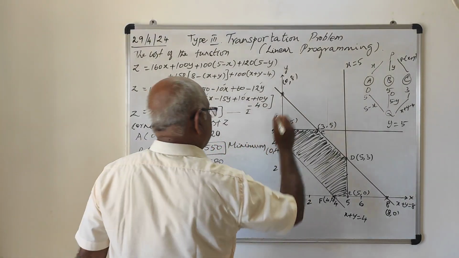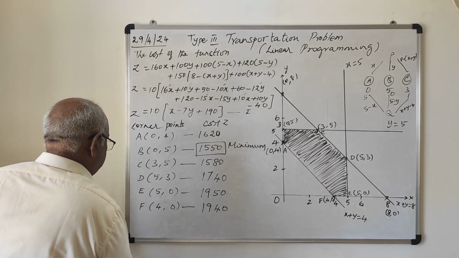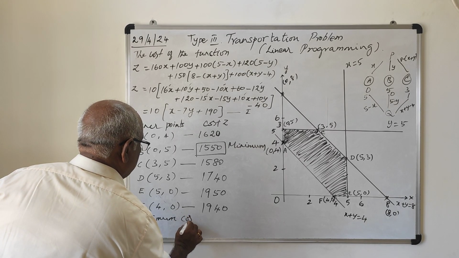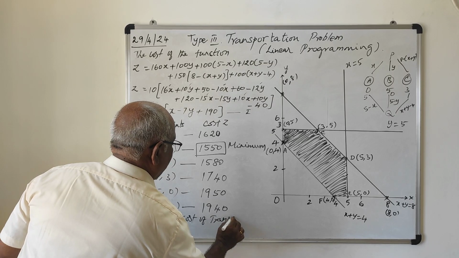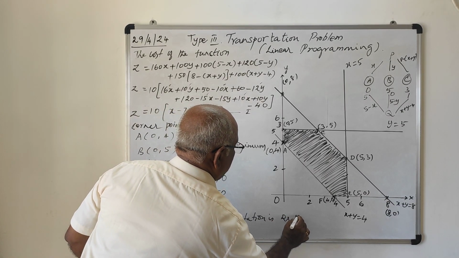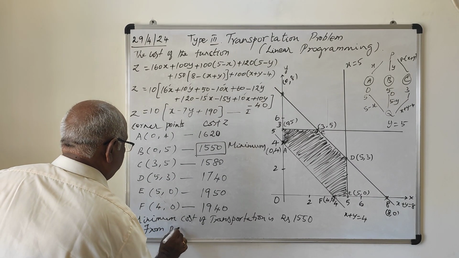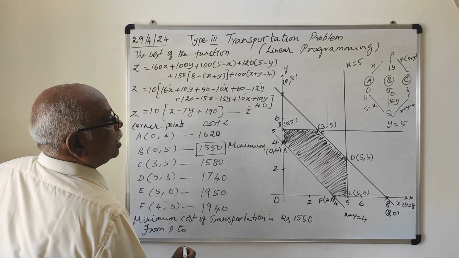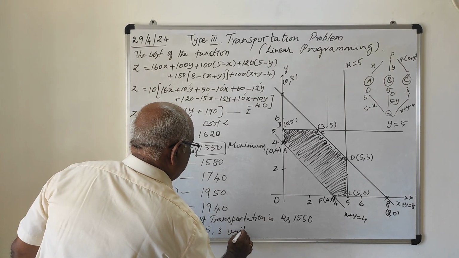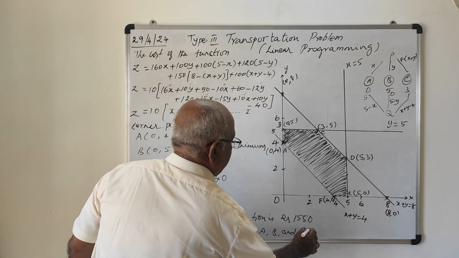The minimum cost of transportation is 1,550 rupees. From factory P, 0, 5 and 3 units go to depots A, B and C respectively.